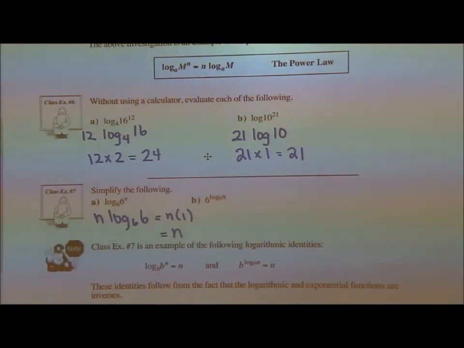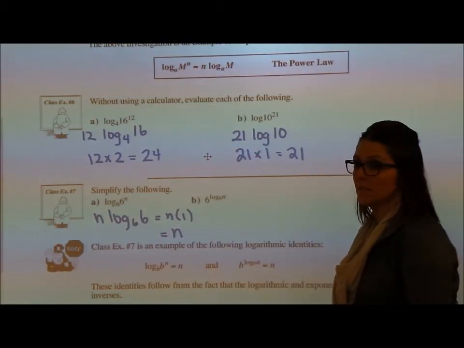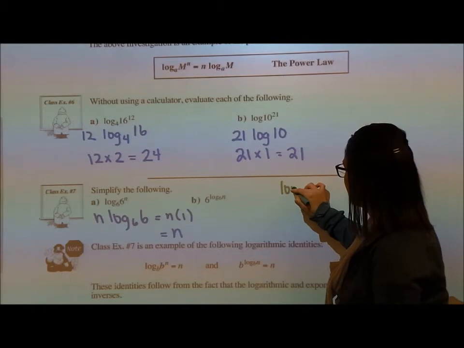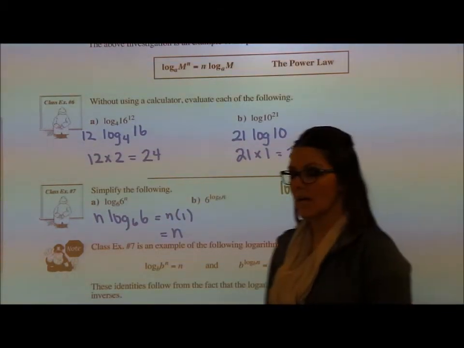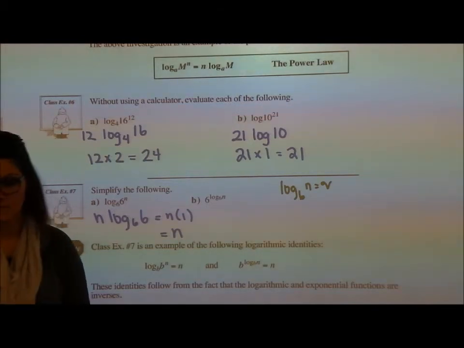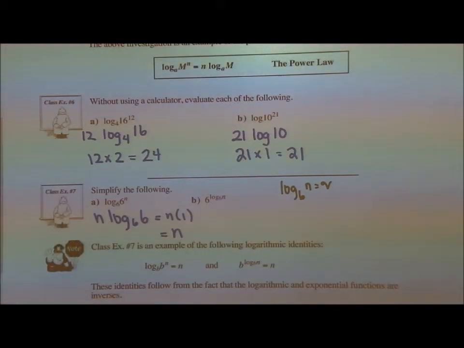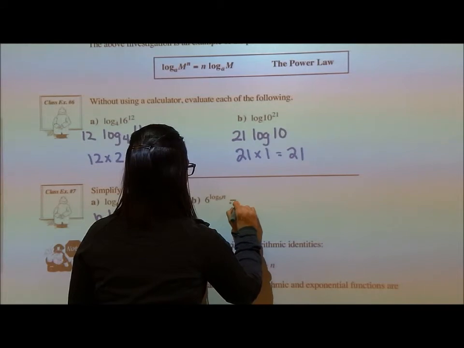Okay, the last one, I have 6 to the power of log base 6 of n. We're going to let the log base 6 of n be equal to v.